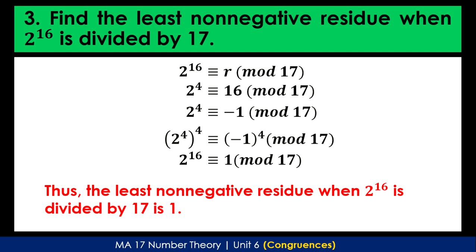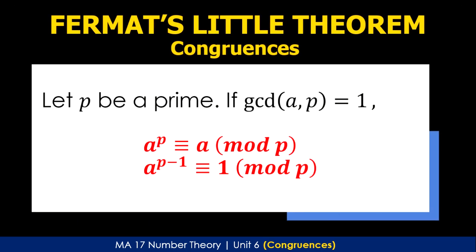Now, let's try to apply some theorems on the next examples that we will discuss, starting first with Fermat's little theorem. Let's say we let P be a prime number.